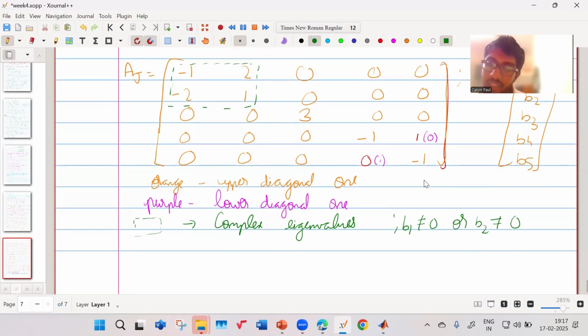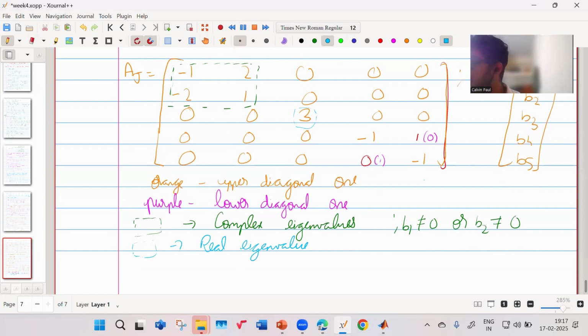Next point, let us say this subsystem. This subsystem is dependent on B3. This corresponds to a real eigenvalue, real and distinct, with multiplicity 1.